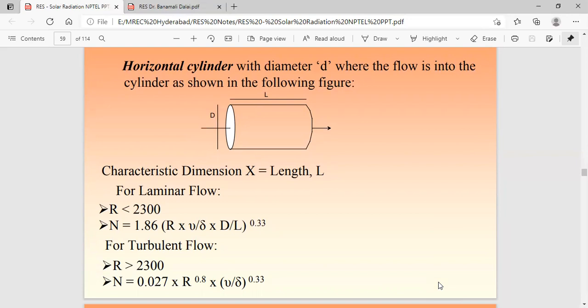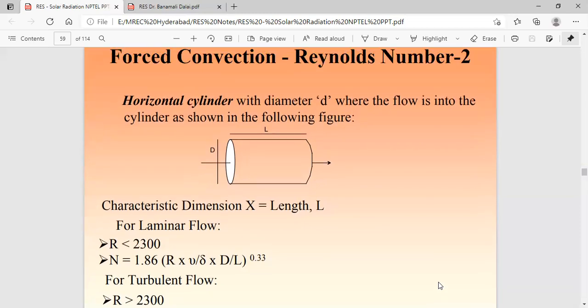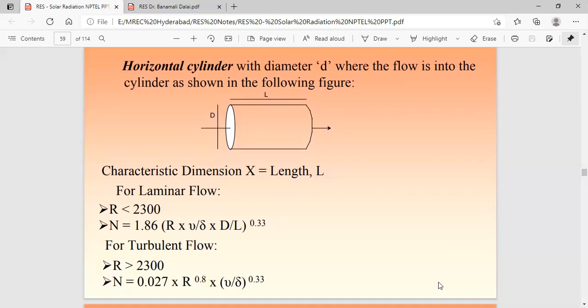For turbulent flow, Re is greater than 2300, Nu is equal to 0.027 into Re power 0.8 into (V/δ) power 0.33. So these are the various methods you have to calculate the convection for different types of shapes we are using.